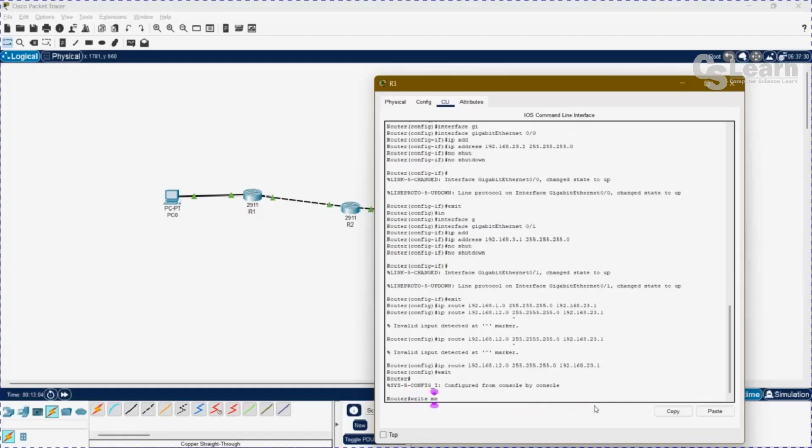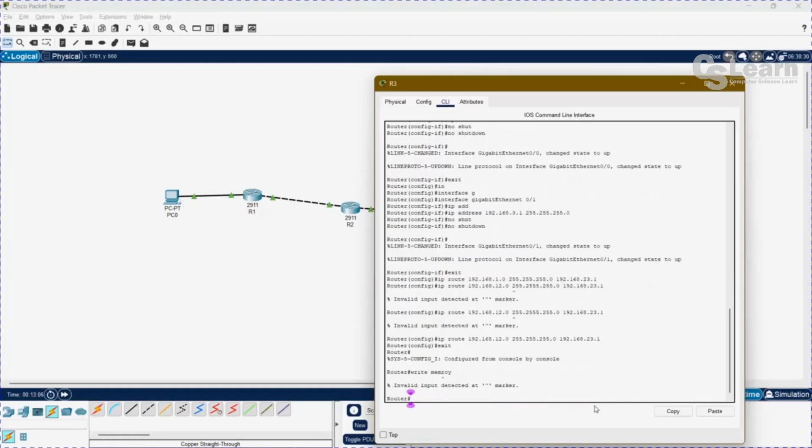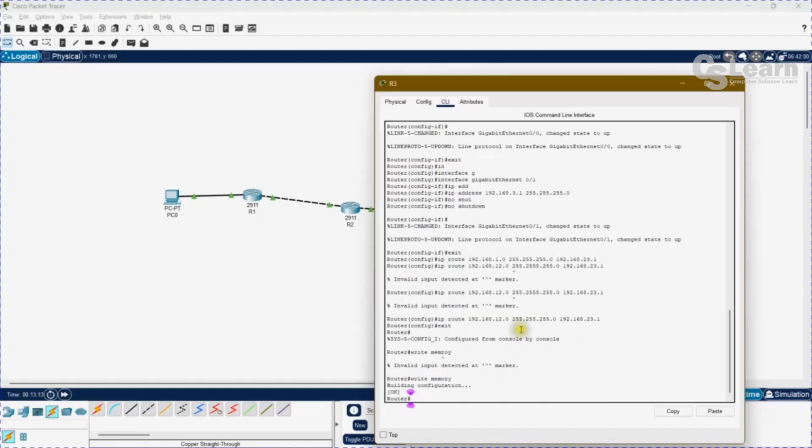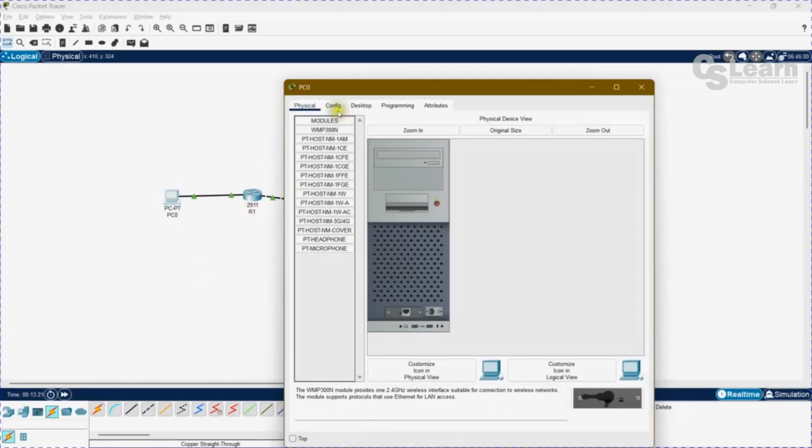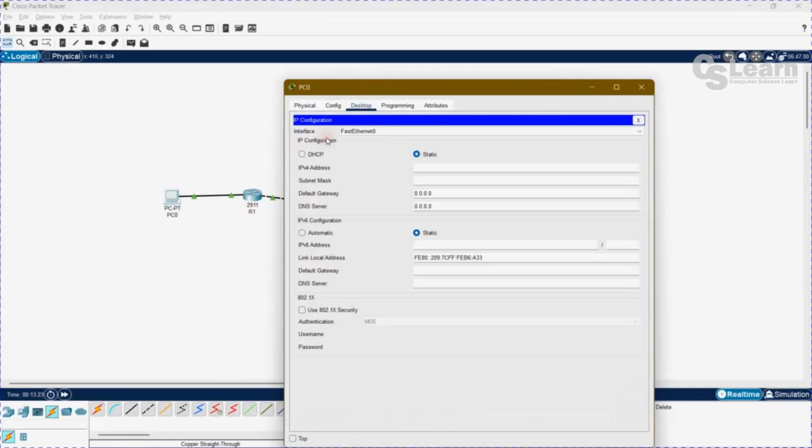Right, write memory. So here you see that everything is configured, but we missed configuring the end system. We need to configure the end system. Go to the desktop and here 192.168.1.10, 192.168.1.0.